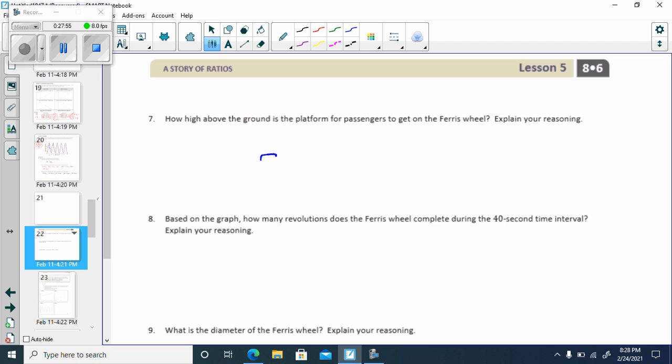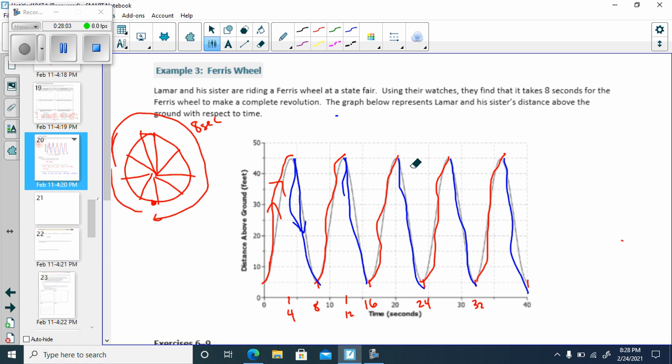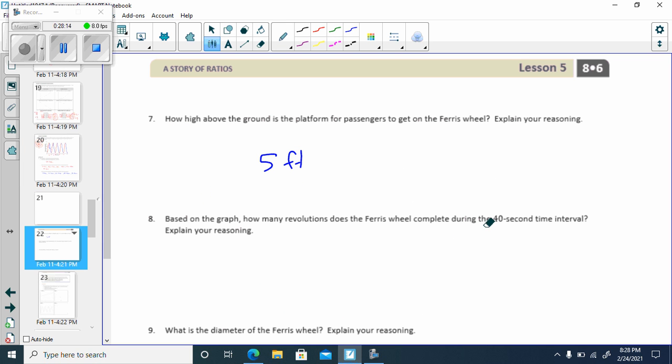So that's 5 feet. Based on the graph, how many revolutions does the Ferris wheel complete during the 40-second time interval? Well, let's see. They go up and down, so that's 1. Up and down, that's 2. Up and down, that's 3. Up and down, that's 4. Up and down, that's 5. So 5 times that they go around, okay?